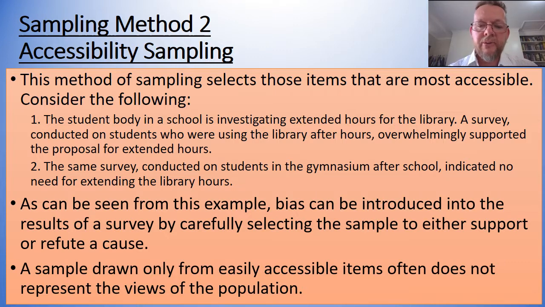So it's interesting, for example, Sunday morning TV shows will often put out a sample on some pretty controversial views. And you notice there's a certain section of the population that actually go to church, for example, on Sunday mornings. So if we watch TV and we see these samples or these surveys, you can know that the feedback is only going to those accessible to those watching the TV program at the moment.